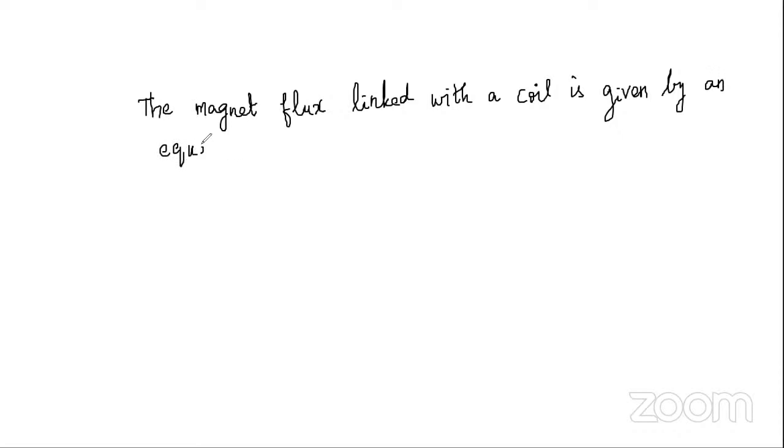The magnetic flux linked with a coil is given by an equation: phi, in webers, equals 8t squared plus 3t plus 5.